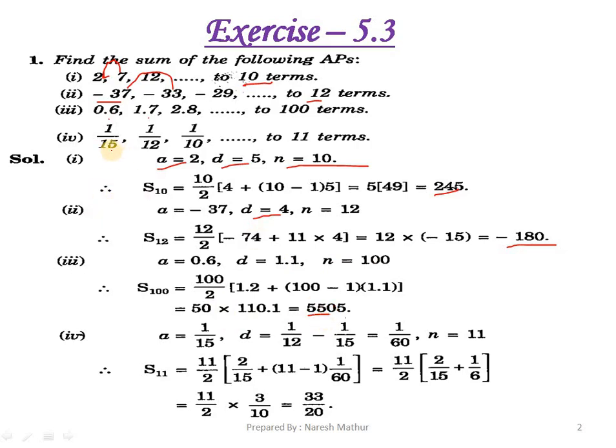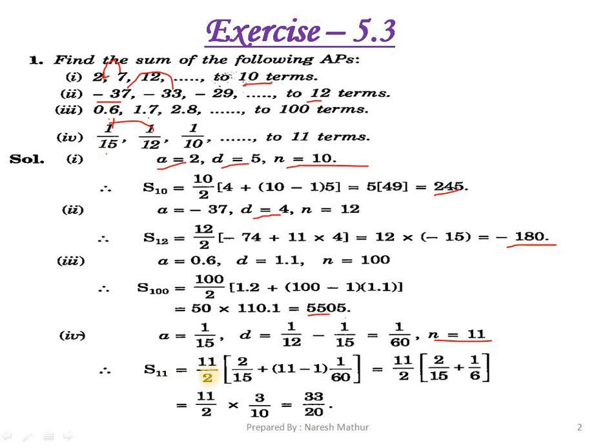In the last one, we are given a as 1 by 15. For the value of d, we need to subtract 1 by 15 from 1 by 12. Just take the LCM. So we get 60 as LCM. 5 minus 4 will equal 1. 1 by 60 will be our common difference, and n is given as 11.